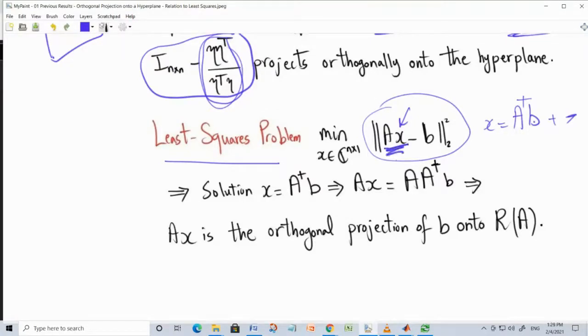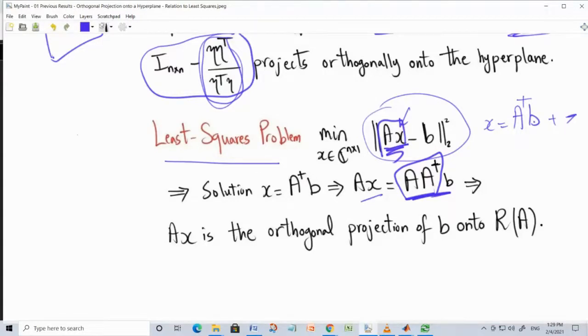So what if you take Ax, A multiplied by the optimal solution? Ax will be A multiplied by the pseudo inverse of A multiplied by b. And what is A multiplied by the pseudo inverse of A? I said it in the previous lecture: it is one form of an orthogonal projector onto the range of the matrix.